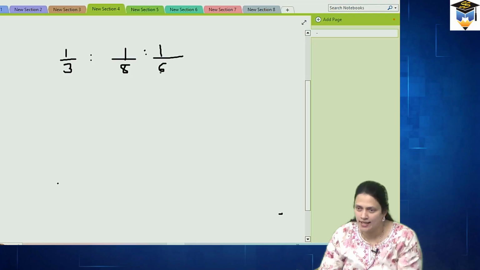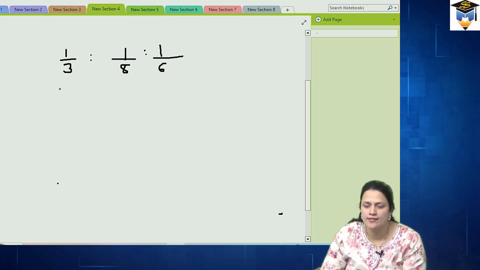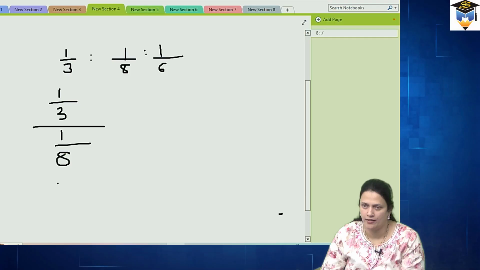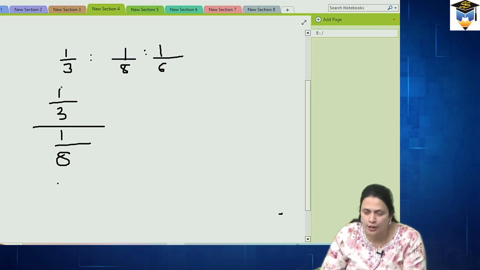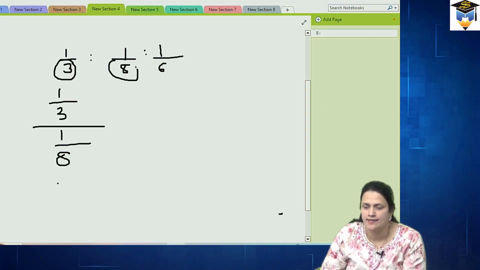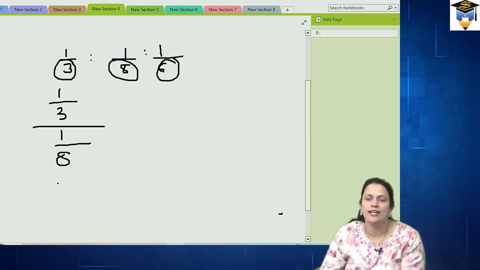So now in this case, can I write it down like this? This is correct. But then what about the second ratio? So that is not possible. So what do you need to do? Look at the denominator: 3, 8 and 6. What is the LCM of 3, 8, 6?